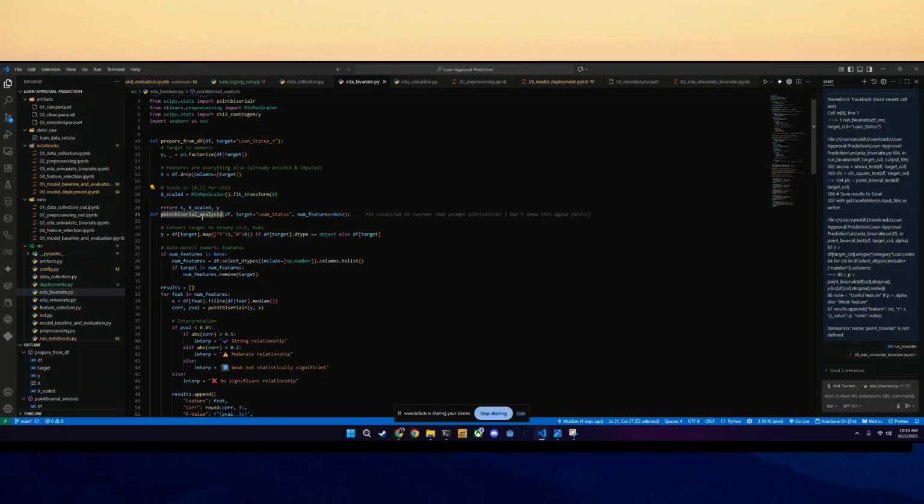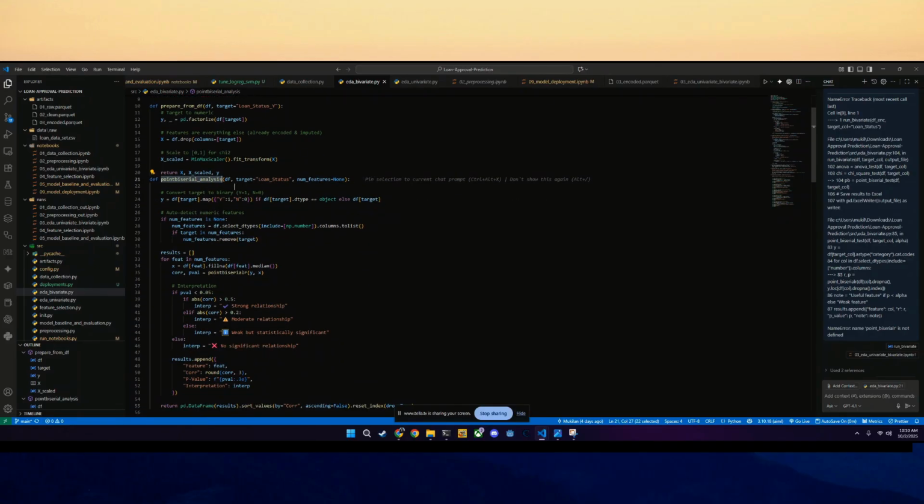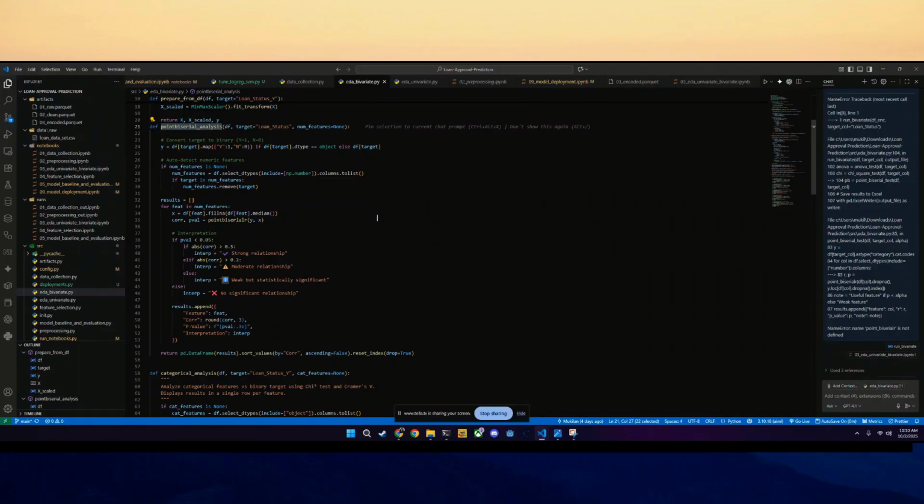And we have the point biserial analysis. Here we are taking the data frame, the target feature variable, and all the numerical columns. Basically, this function can be used only for numerical columns. Here we are trying to understand, for all the numerical columns, what kind of relationship each has with the target variable, which is the loan status.